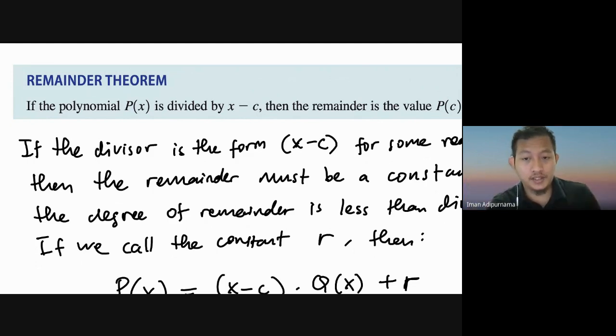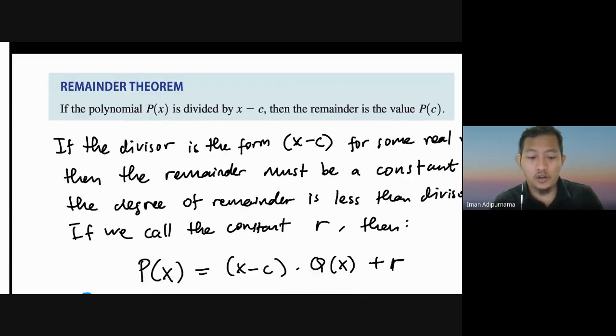But in general polynomials, when you plug in c, some part will be 0, and there will be a number that still remains in the function, because it's not completely divided and doesn't become 0, right? That number is actually our remainder.